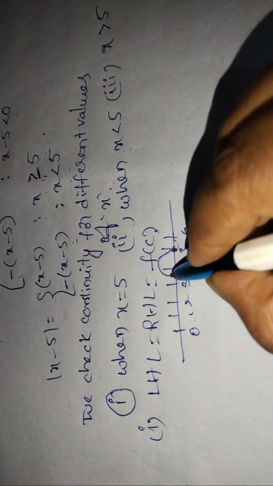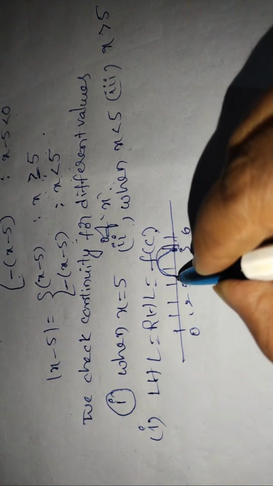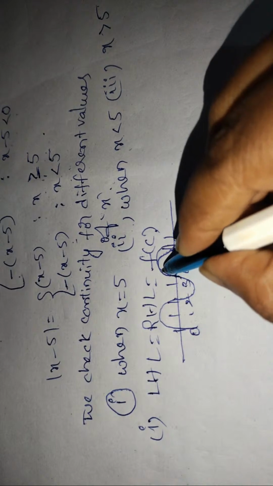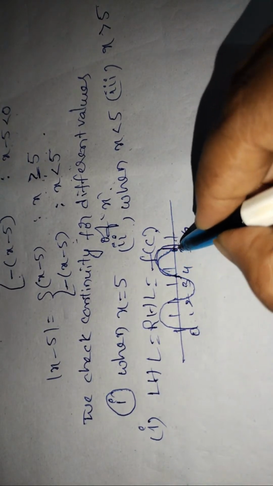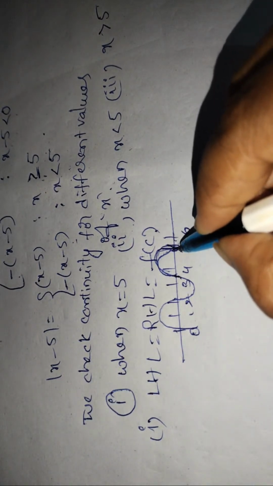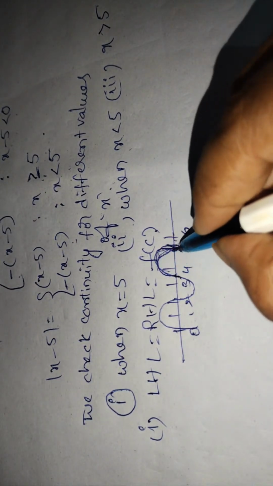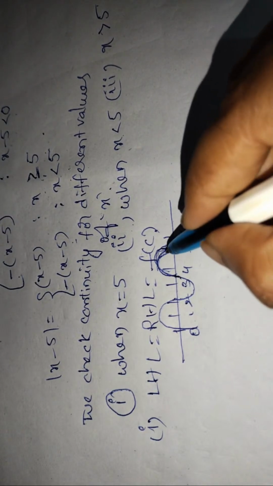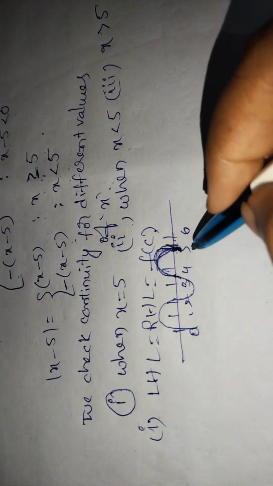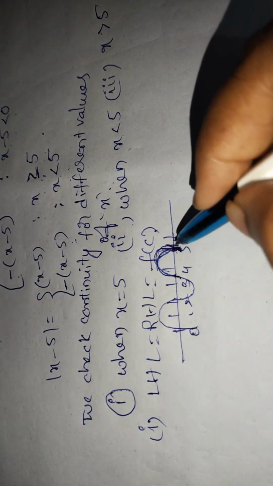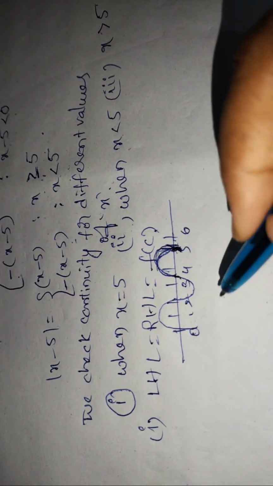Continuity means, suppose the graph is like this, the waveform is coming like this and it touches 5. If the points before 5 are not checked, or suppose after 5 there are no points, then it is not continuous. It stops at 5 only, which means it is discontinuous at 5.